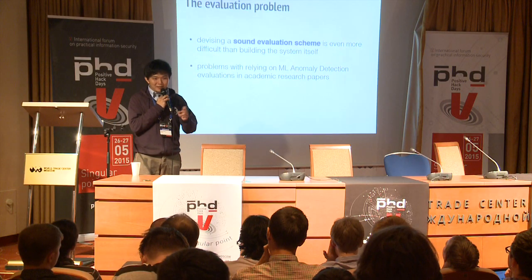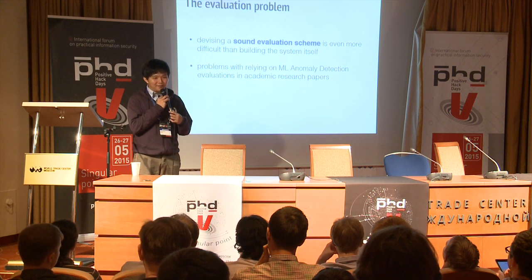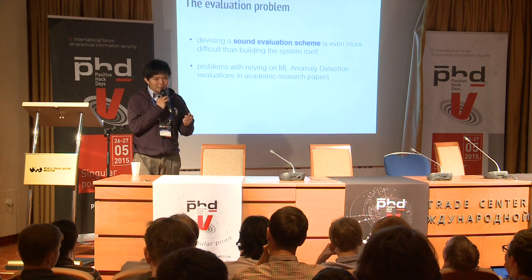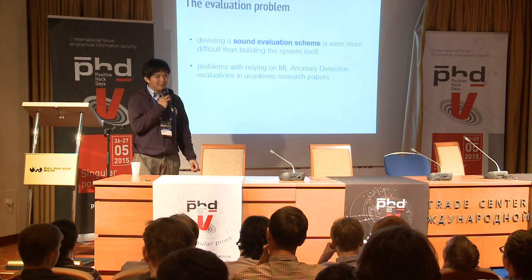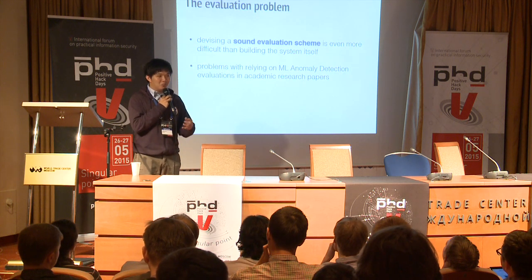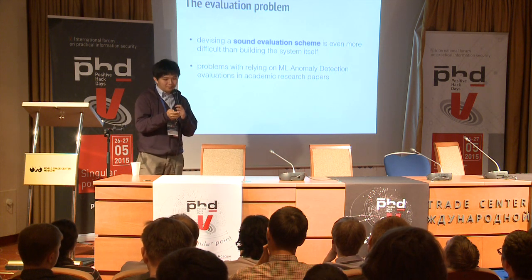It's origin, destination, flows, backbone networks. And it's really unrealistic, because the kinds of systems that people are using them on today are very rarely backbone networks. People are using them for web applications, for servers, for spam, for fraud detection. So with anomaly detection, the results don't really transfer well between applications. So if research papers claim a false positive rate of, let's say, 1%, then you really have to question that, because you have to look at the data that they're using and why they're getting such a low false positive rate.